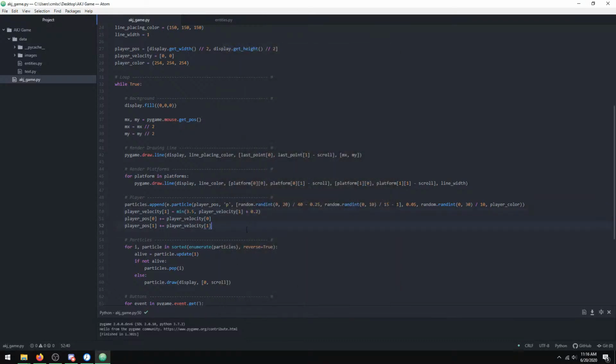So now I need to make it so the player can collide with the lines. I need to come up with an algorithm for that though. So I think I can mathematically check which side of the line I'm on. Trying to remember how you do that.